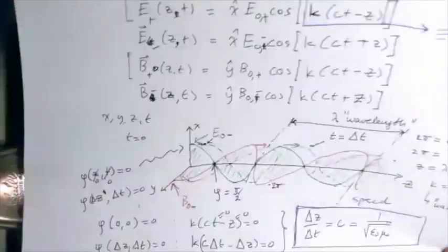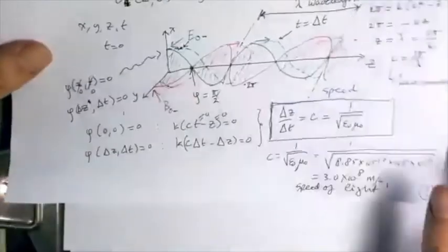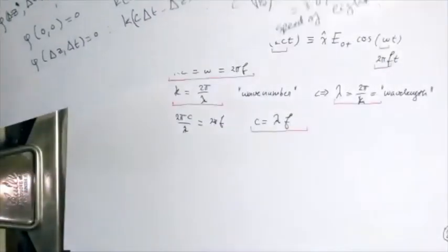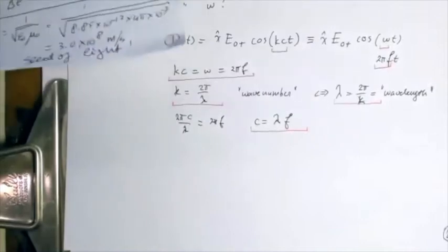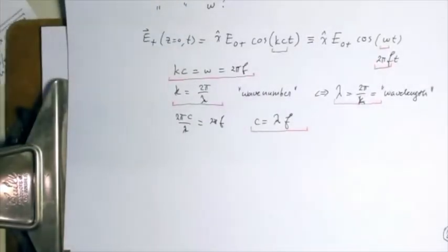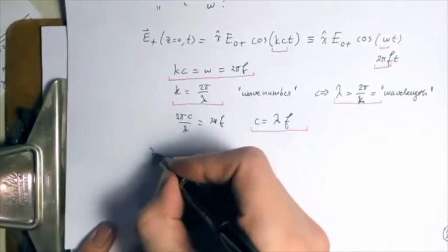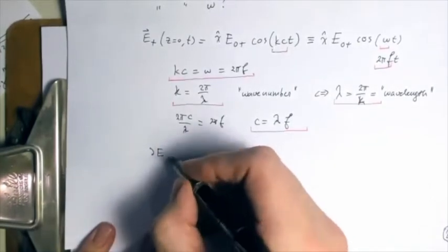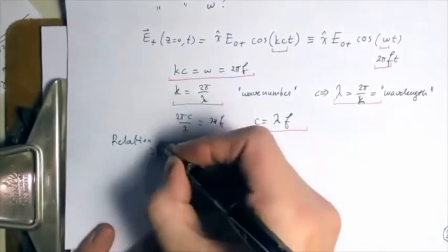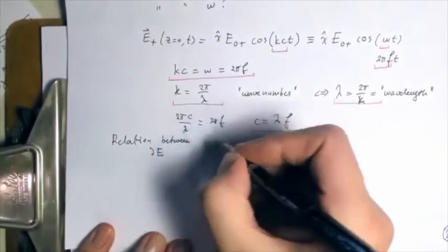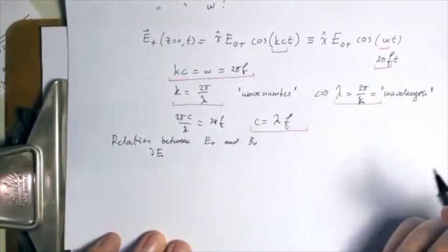Well, we can find that from these two relations that we had used to connect our two solutions for Maxwell 2 and Maxwell 4. For instance, the first one, and it's the easiest one, gives the relation between E naught and B naught.